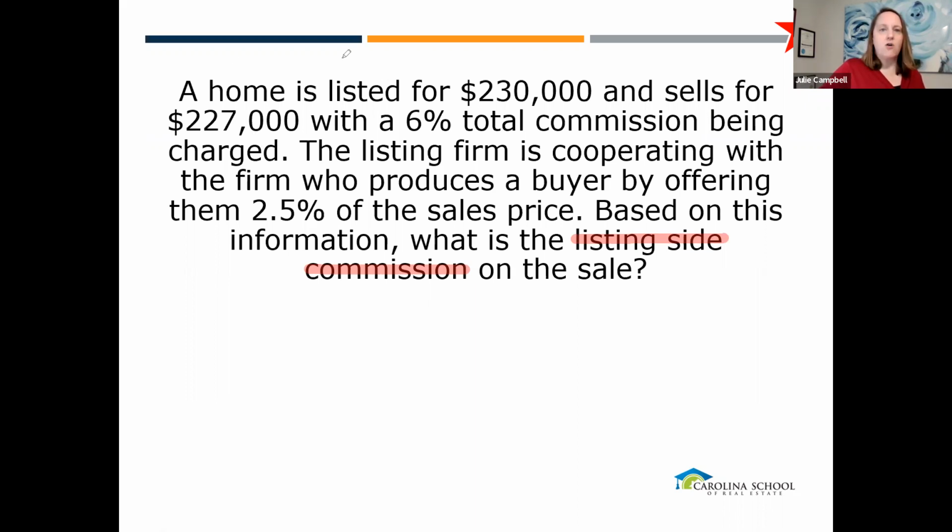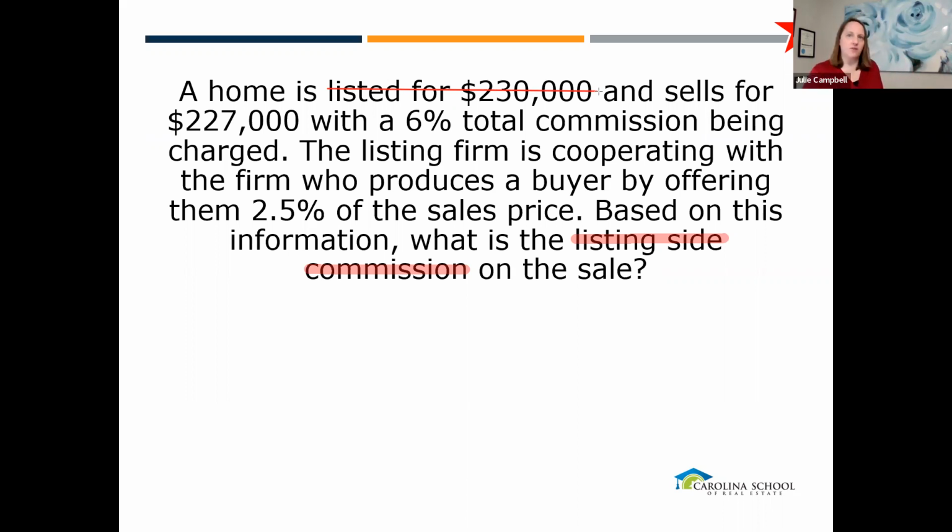I have a home listed for $230,000 and it sells for $227,000. Do we base our commission off of the list price or the sales price? Our commission is based off of the sales price. So right off the bat, there's our distractor. Do y'all know the point of a distractor? To distract you.